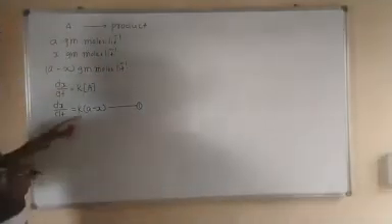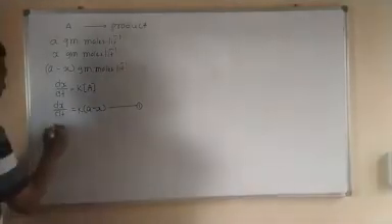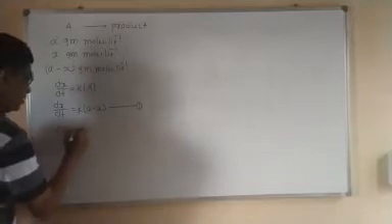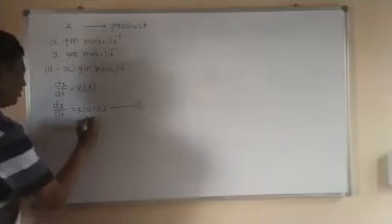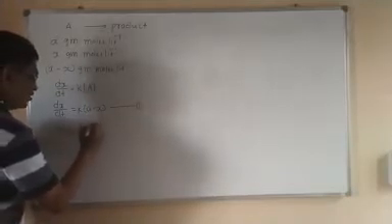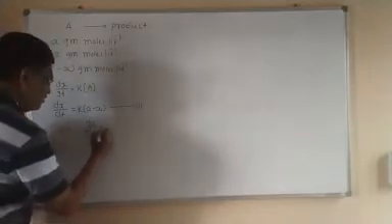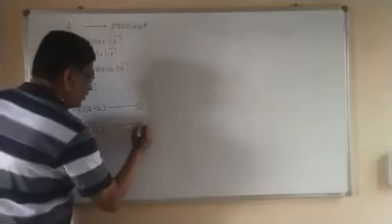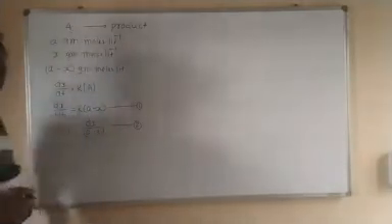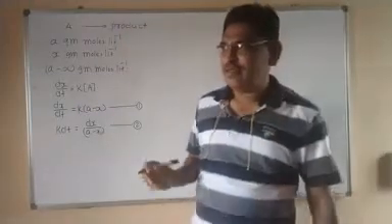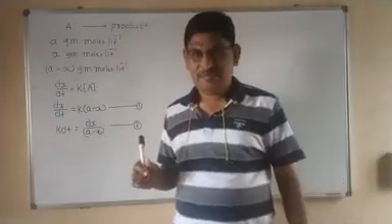Now rearrange this equation. K dt is equal to dx over a minus x. Equation 2. Now this equation is to be integrated between proper limits.